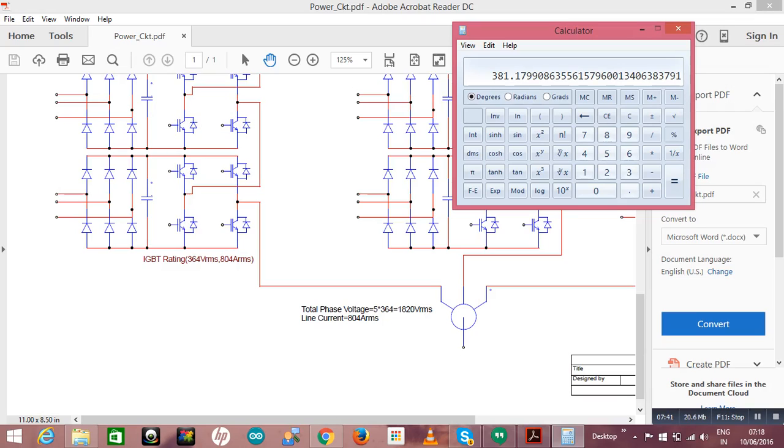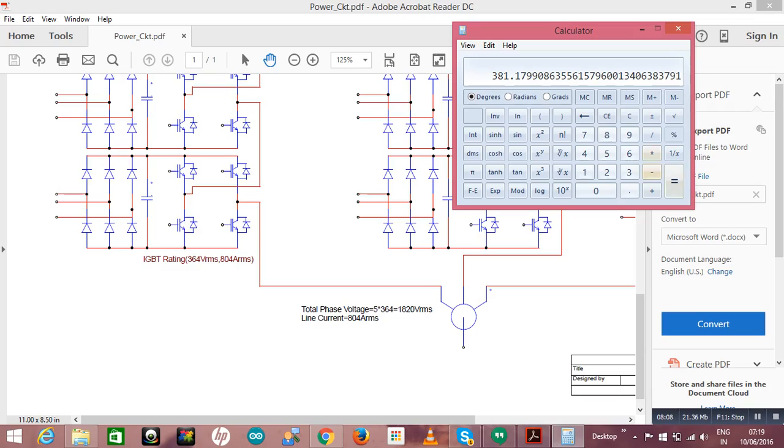Okay, so my input side availability is 6.6 kV. So now you have to get a transformer whose input is 6.6 kV line RMS voltage, and output is 381, and my line current is 804.